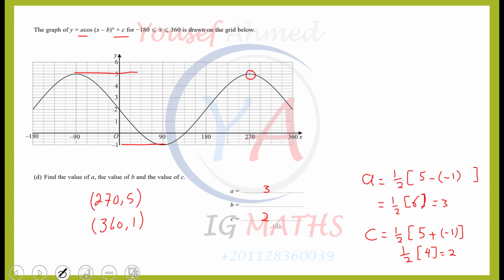Now I'm going to check the difference between the x's because this is inside the bracket. It's related to the x coordinate. This is horizontal shifting. So 360 has been changed to 270.